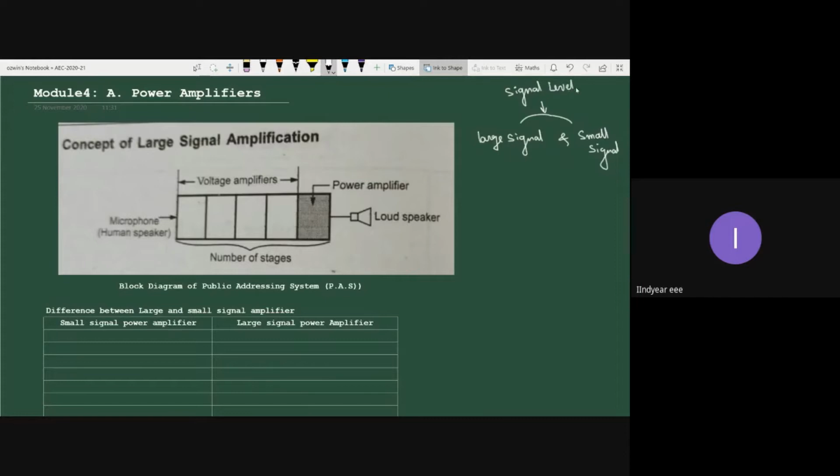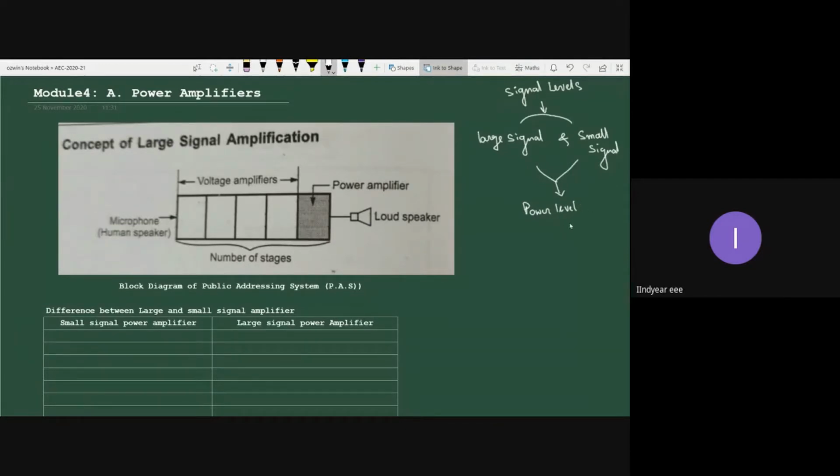Under signal level, you can have a broad classification of two types: large signal and small signal. Now, this large and small signal is basically derived on the basis of power level.